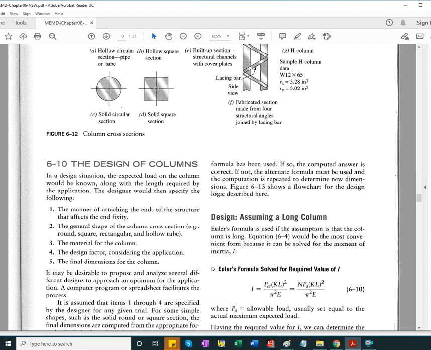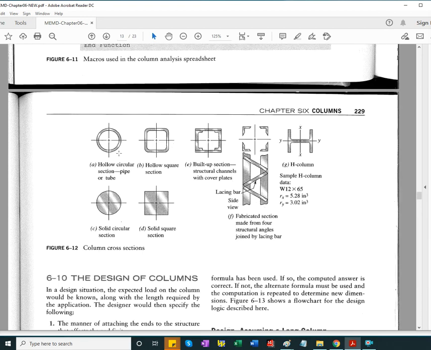There's a section on design. I keep on saying that if you know how to do analysis, you can do design. You just try different cross sections. Definitely you'll look up in catalogs, the back of the book, or other sources for moment of inertia, for radius of gyration, for area.